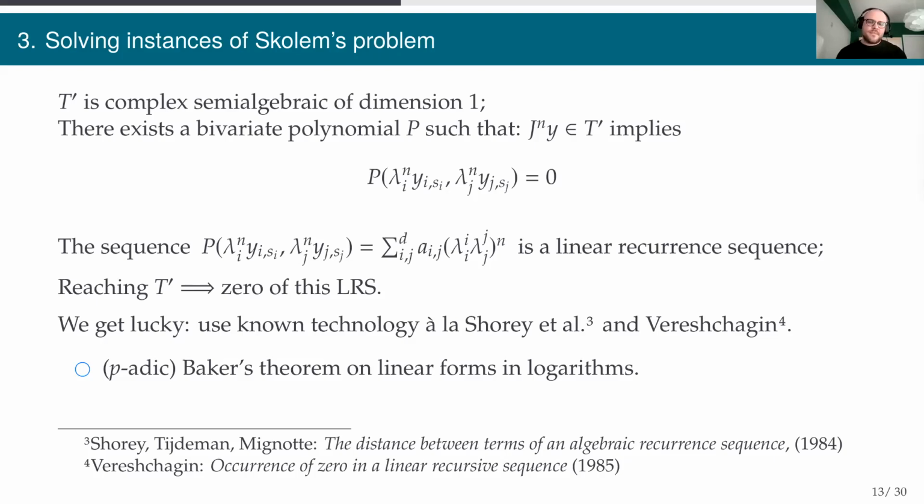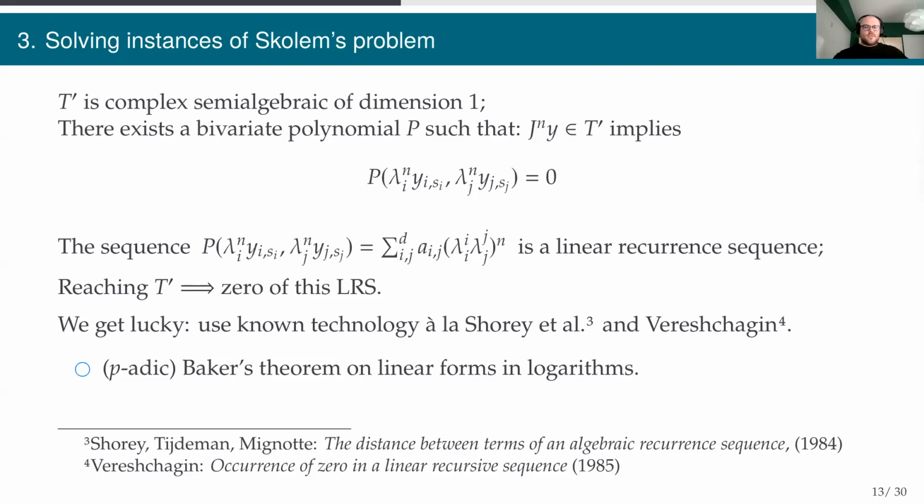And this technology really is using deep mathematics, like Baker's theorem for linear forms in logarithms and its p-adic variations. And yeah, this Baker's theorem really, well, it's deep stuff. So Baker got the Fields Medal for this work.